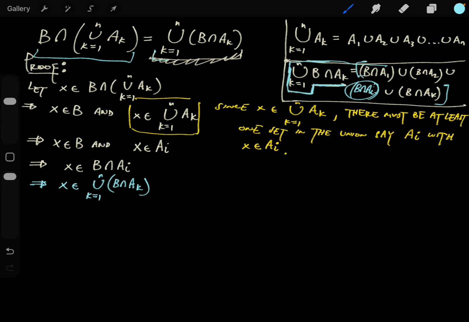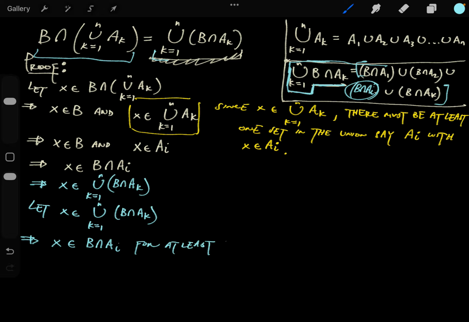Now I need to go in the other direction. So I need to say let x be contained in this union. Then that means that x is contained in B intersect A sub i for at least one, again, for at least some A sub i in that union.